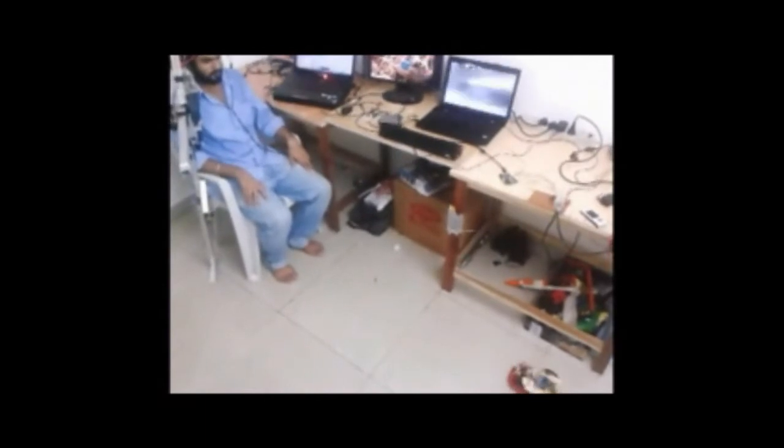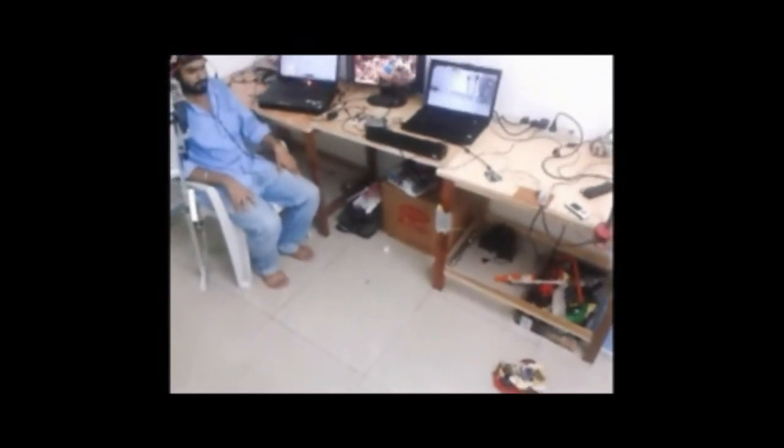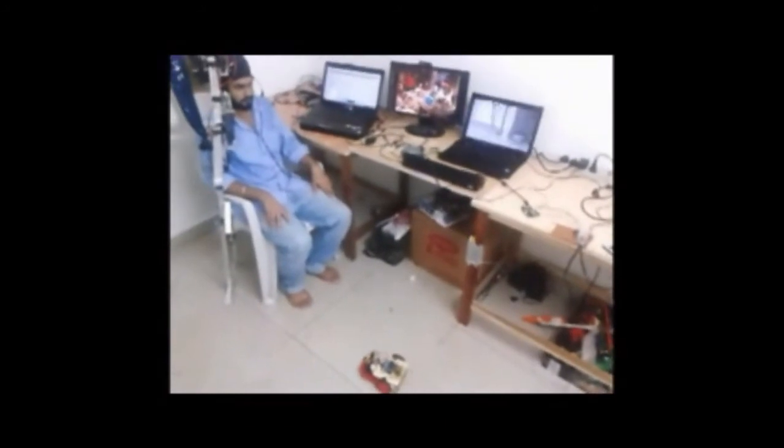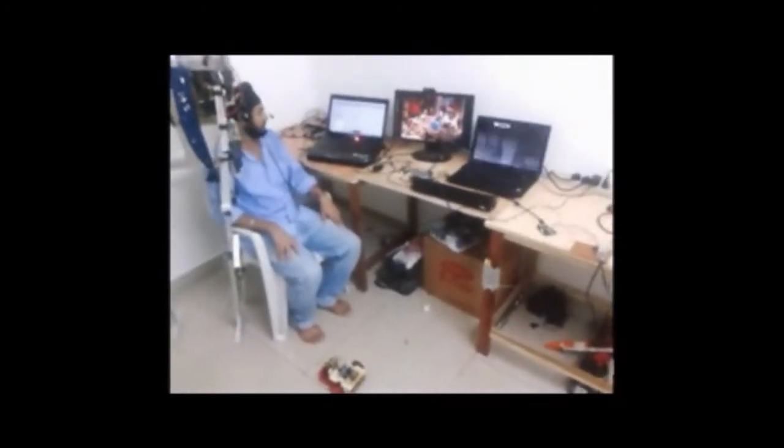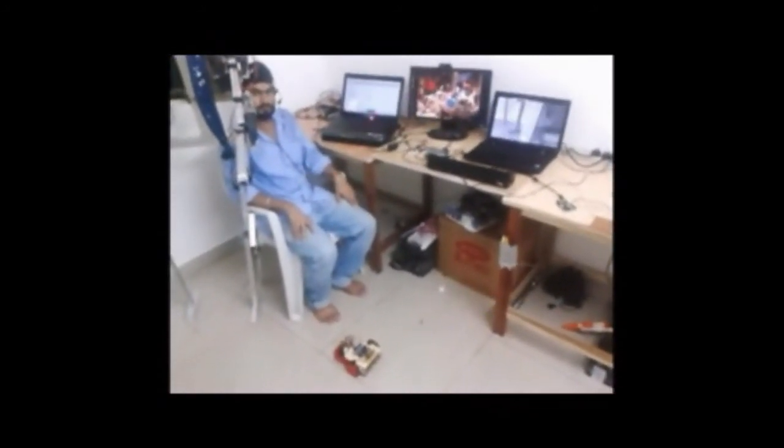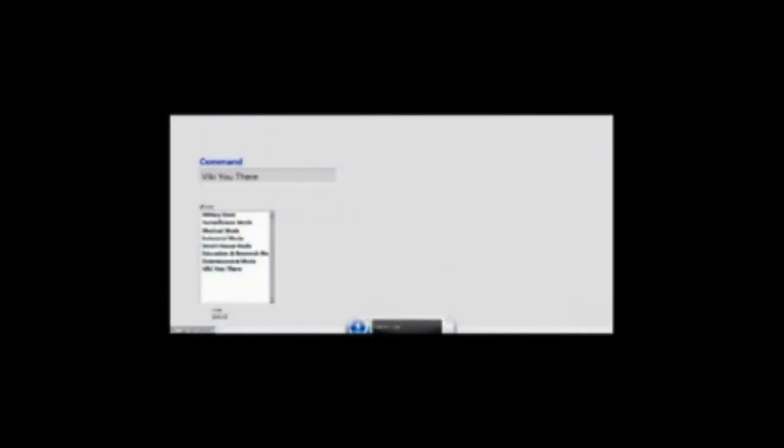Turning left. Stop. Brakes applied. Forward. Moving forward. Stop. Brakes applied. Terminate surveillance mode. Terminating surveillance mode. Wiki, you there? At your service, sir.